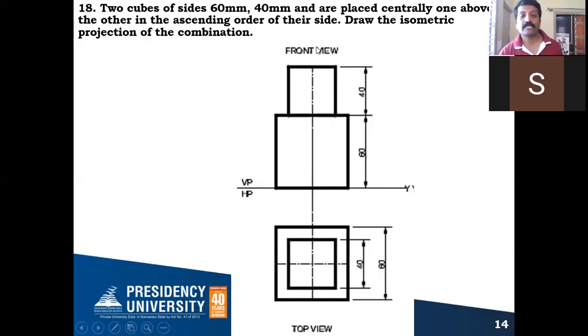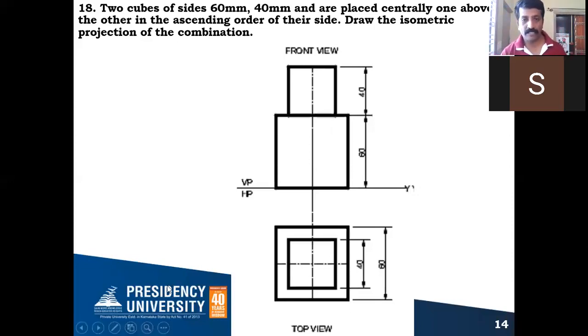After drawing this outer square, that is 60 millimeter, you draw the diagonals, which I have not shown here. You draw the diagonals like this and find out the center. After finding the center, you draw the horizontal line and vertical line. What is the size of your top cube? 40 millimeter.